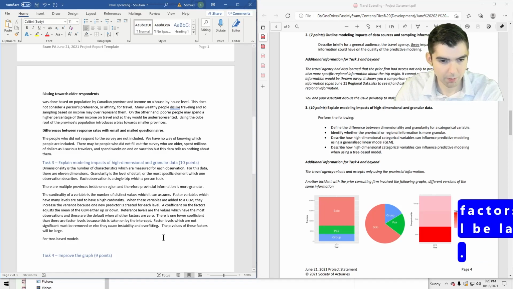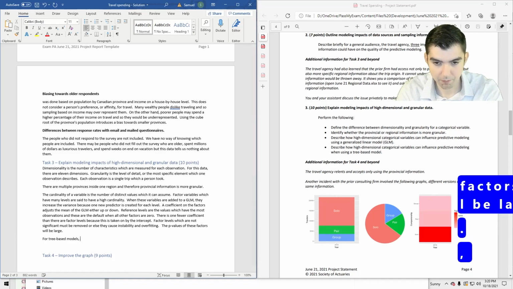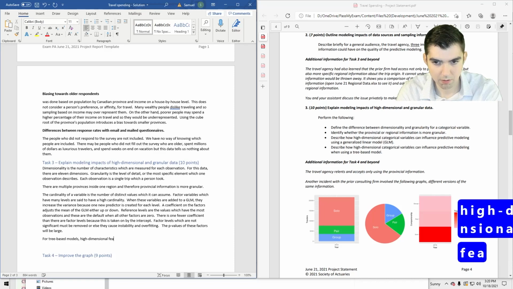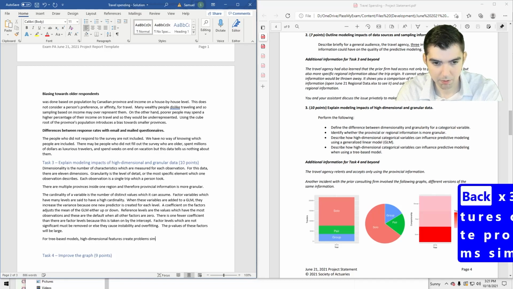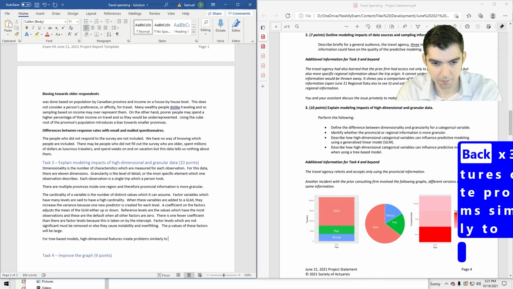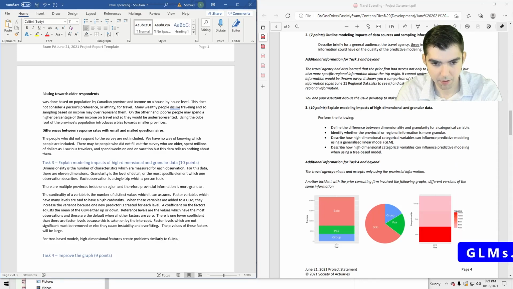Yeah, for tree-based models, high-dimensional features create problems similarly to GLMs.